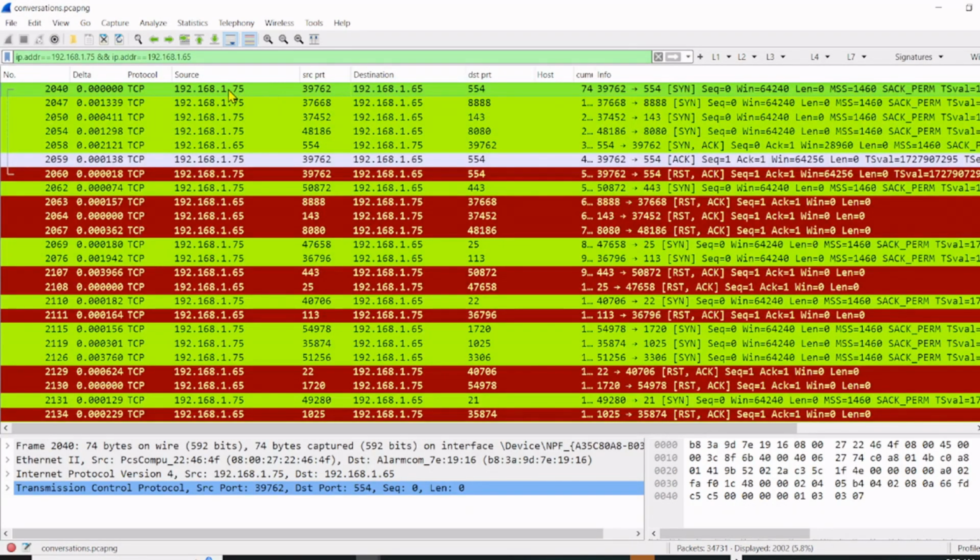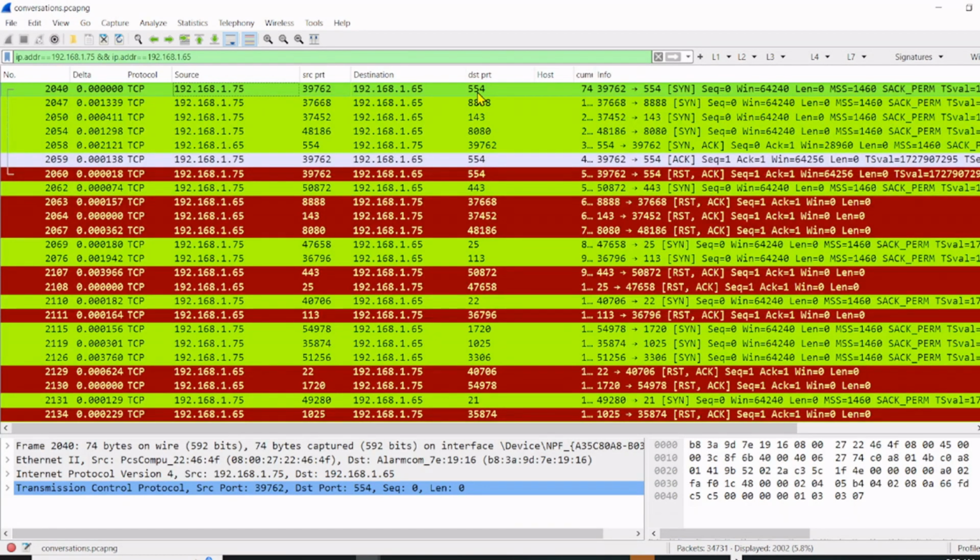So let's look at packet 2040 here. It's 75, source port very, very high, to a destination port that's in that reserved range, so 554, and that's actually the Real-Time Streaming Protocol, so RTSP, which is associated quite often with an IP camera, so it's got an IP address. It's using an RTSP protocol.